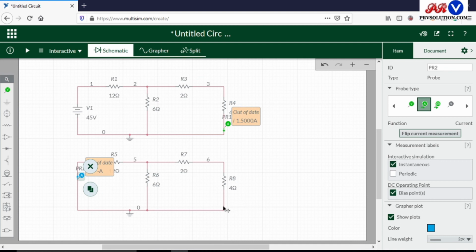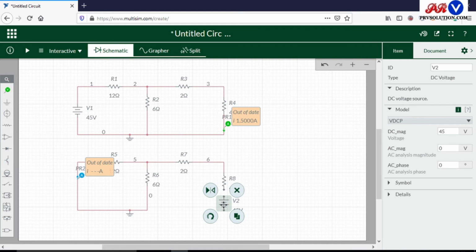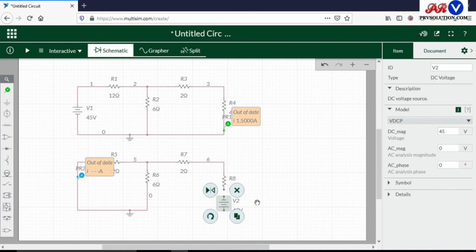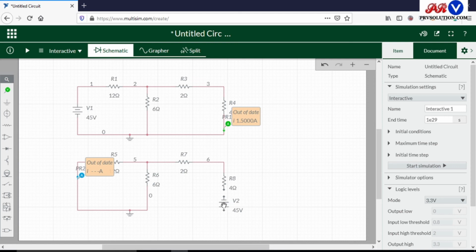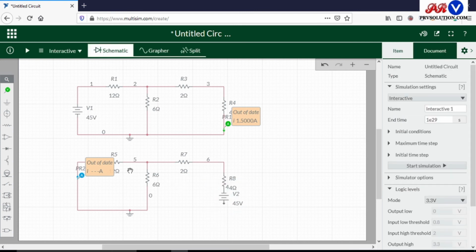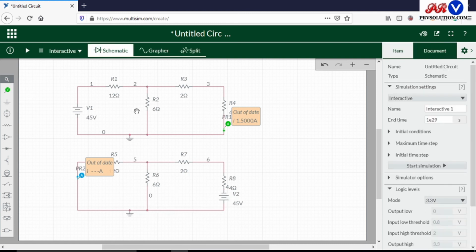Apply the voltage source here. Now again simulate the circuit.